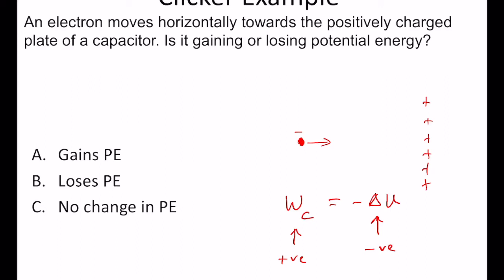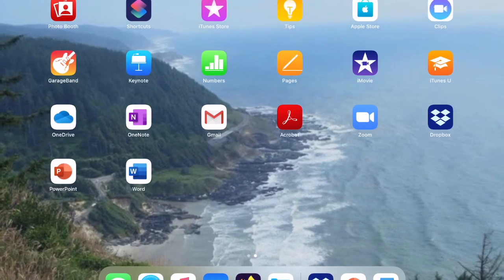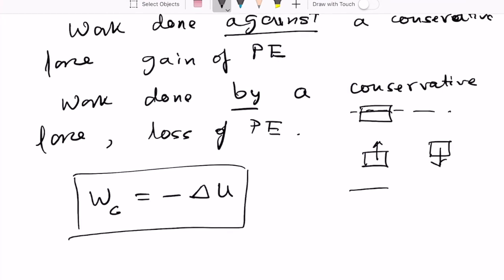So if the electron is moving from here to here, it will have a lower potential energy over here. I hope this is clear. So remember this equation: the work done by a conservative force and the change of potential energy have a relative negative sign.